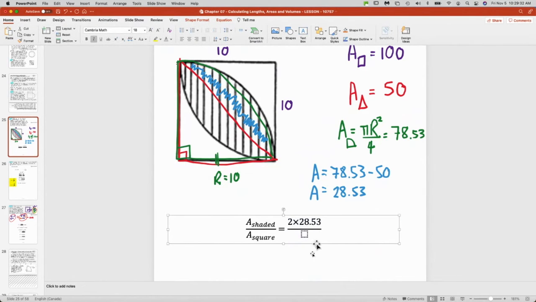You're welcome. So we have everything we need now. 2 times 28.53 divided by 100. So that's equal to 0.571, or 57.1%.